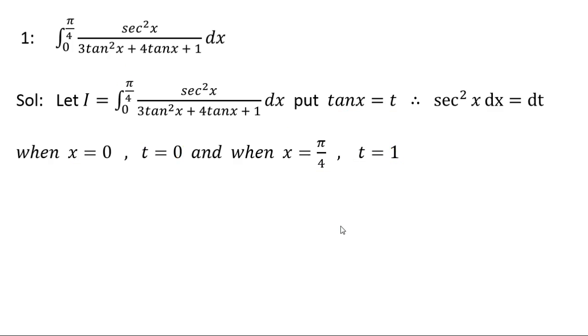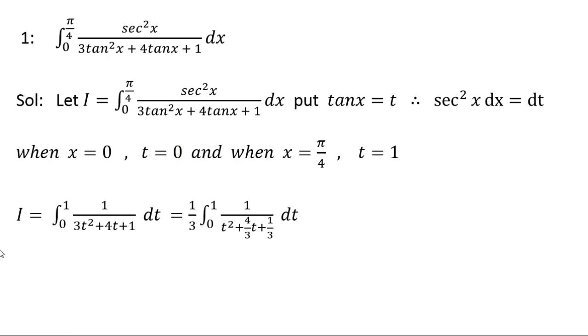So I write this integral as integration from 0 to 1, not 0 to pi by 4 now. 0 to 1, 1 upon, this sec square x dx becomes dt, so 1 upon 3t square plus 4t plus 1. I am writing tan x is equal to t.